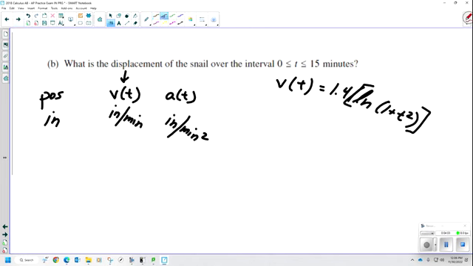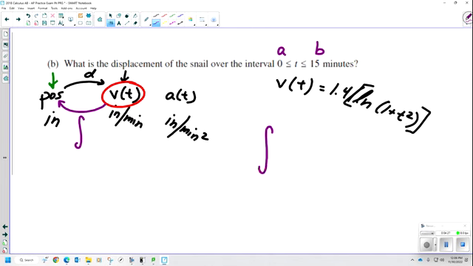Sorry, I'm writing sideways. There we go. I have velocity. I want position. If I were to go forward from position to velocity, that is a derivative. But I have velocity, I'm going backward, which means I need to integrate. And look, here are my bounds for my integral. So I'm going to integrate v of t dt, which is this thing right here, from 0 to 15.